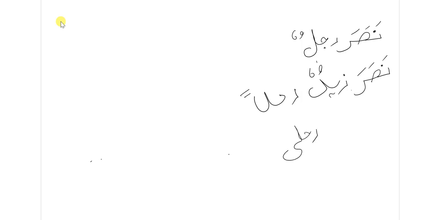But when I am making this rajulun word as maf'ul, I will say nasara Zaidun rajulan. Why fatha? Because maf'ul has fatha. And when I add ala, a harf jarr, on the word rajulun, the I'rab will be rajulin, ala rajulin. This is the example of wahid.